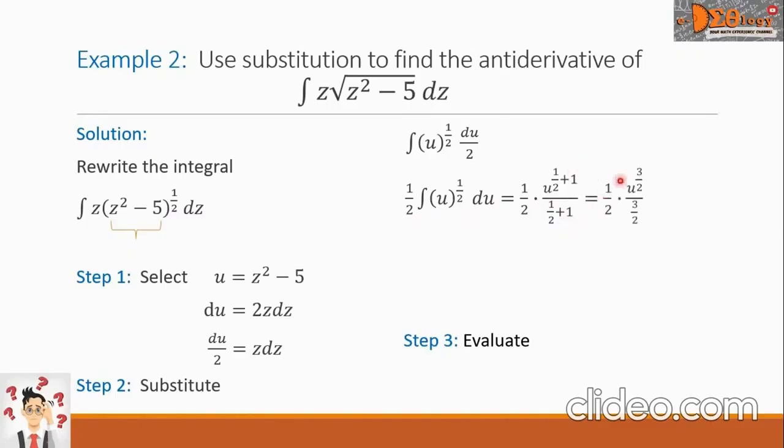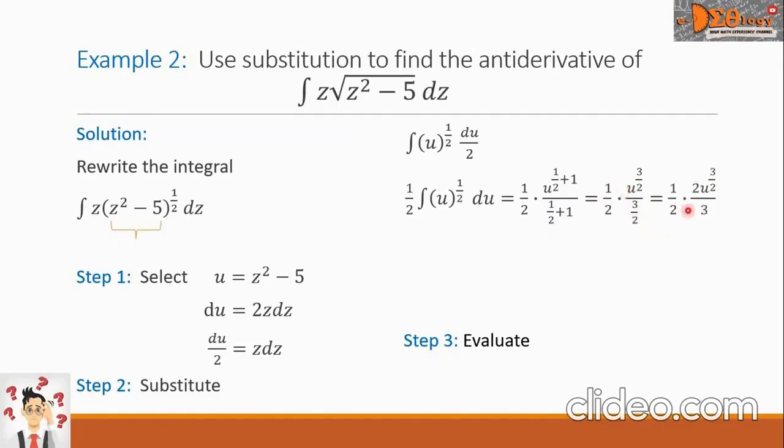So we will write now 1/2 times u raised to 3 over 2 all over 3 over 2. Let us simplify the denominator 3 over 2 by flipping it up, thus making this 2 the coefficient of u in the numerator.